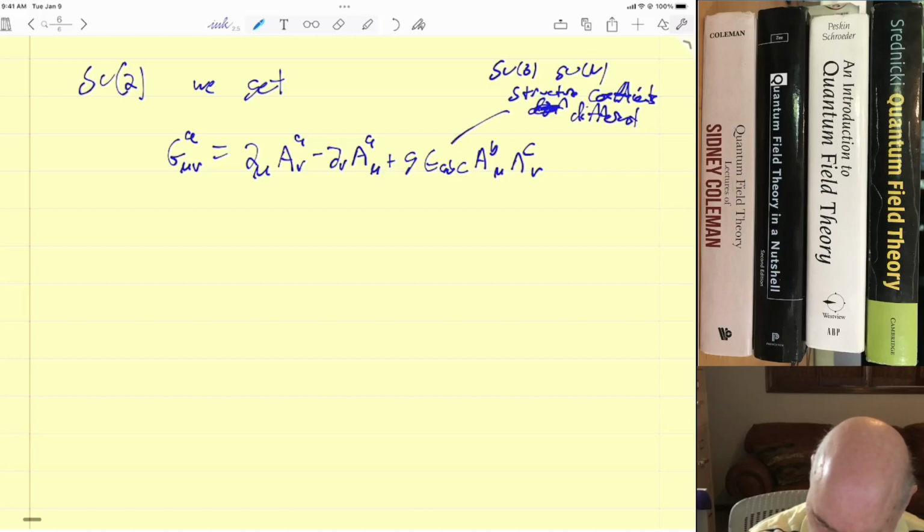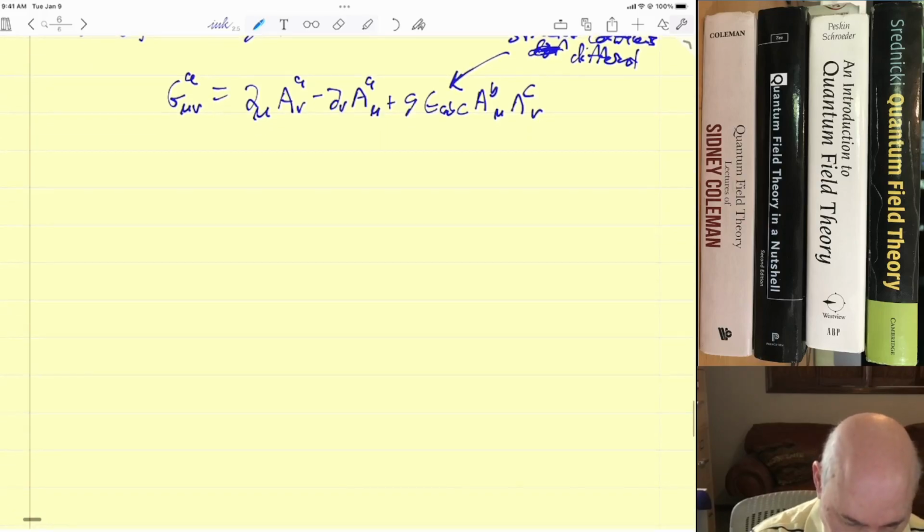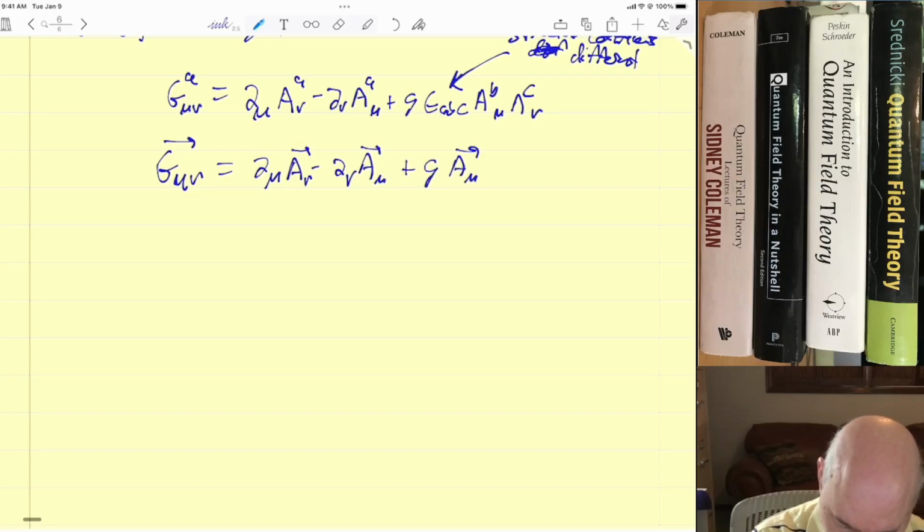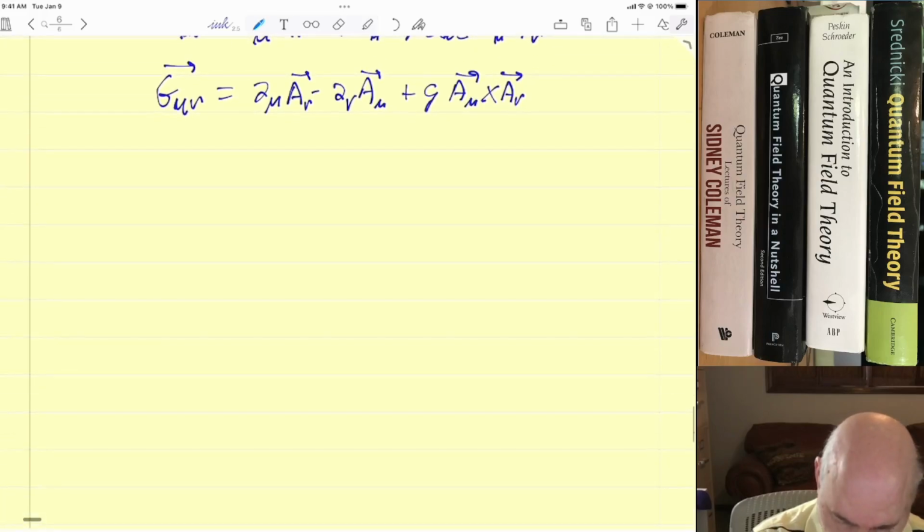And so that would change the epsilons, which apply to SU2 and SO3. Anyway, in vector notation, this becomes this, and it's also not hard to show that G mu nu transforms covariantly.